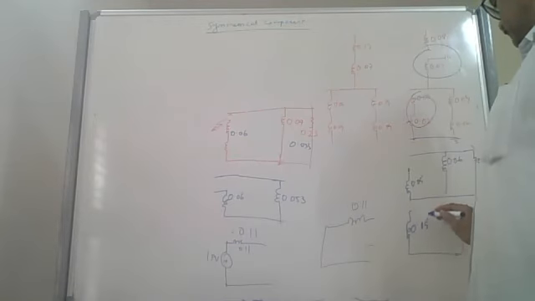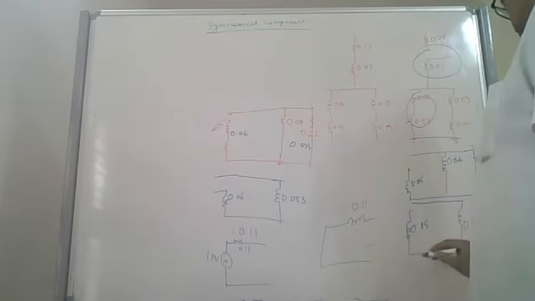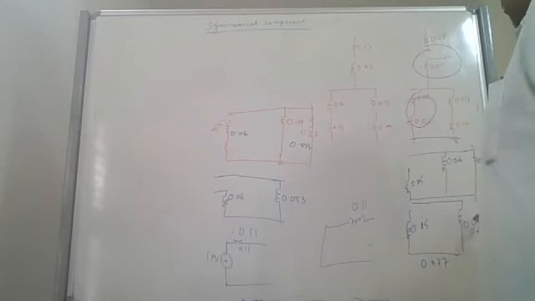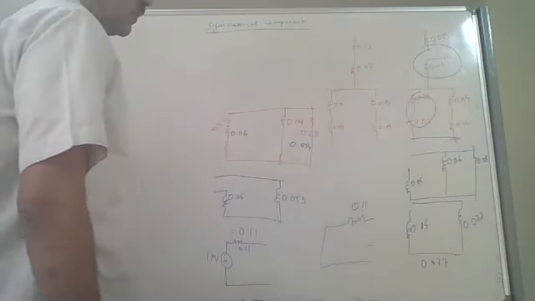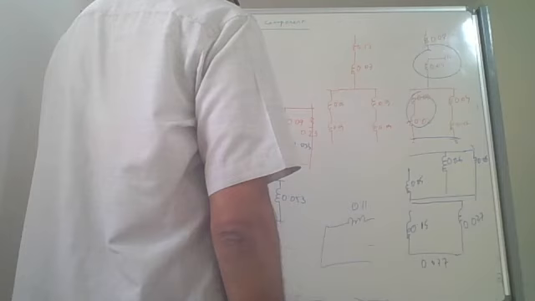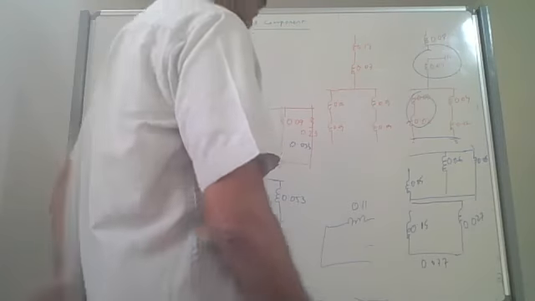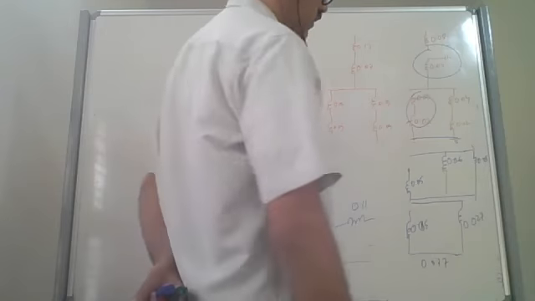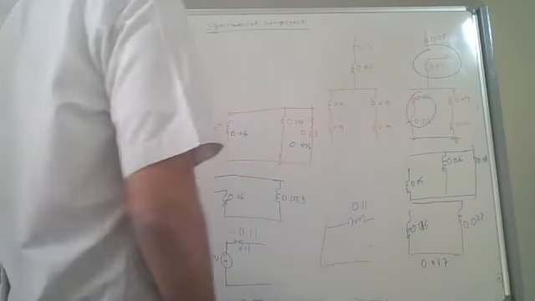So 0.05 plus 0.027 is 0.077. No, 0.05 with 0.027, right? Yes, 0.077. Now the total zero sequence impedance is 0.077.